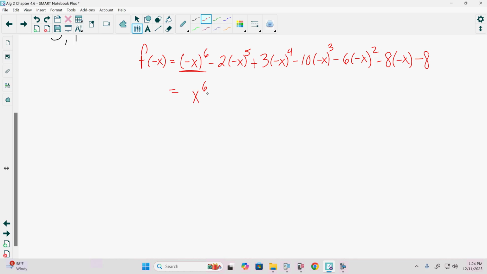So if we look at negative 2 times negative x to the 5th, the x to the 5th will still be x to the 5th. But we do now have a negative coming out because of it being an odd power, which means that 2 is going to change from negative 2 to positive 2. Let's focus in, guys. So really, our negative 2 times negative x to the 5th is going to become positive 2x to the 5th.